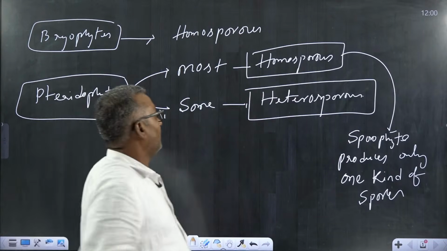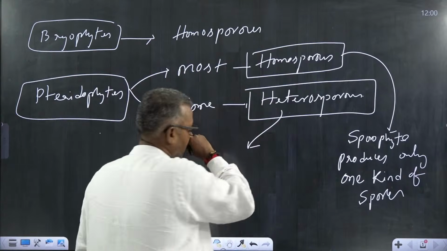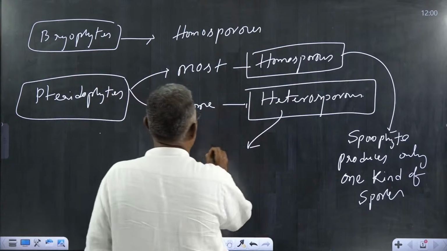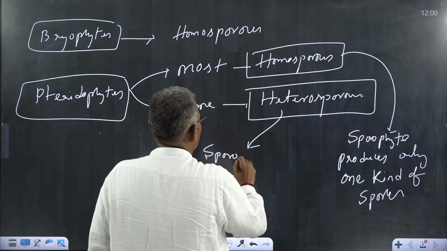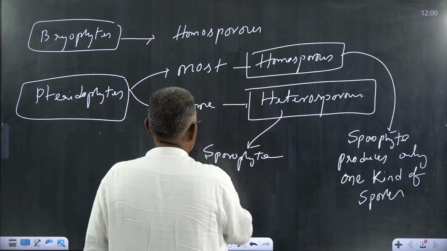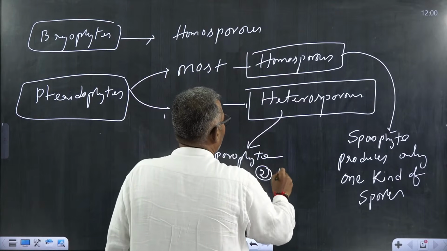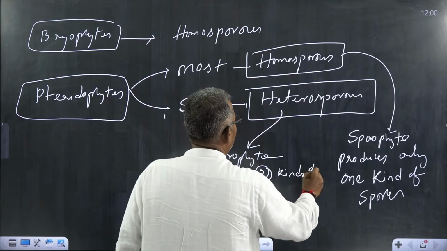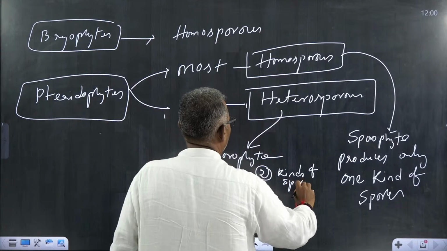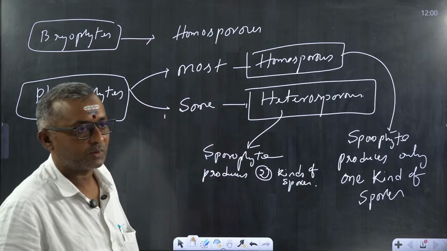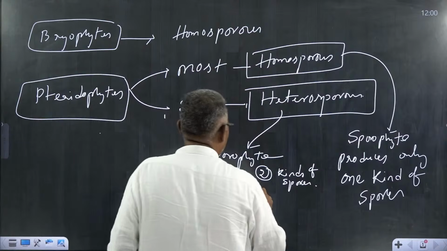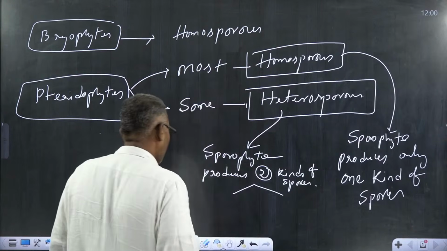Understood? Whereas in heterosporous members, the sporophyte produces two kinds of spores. Let me explain what the two kinds of spores are.